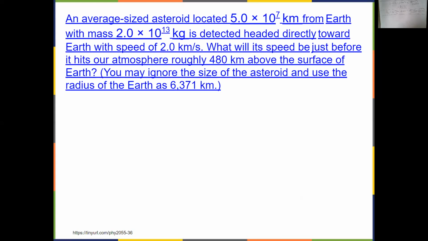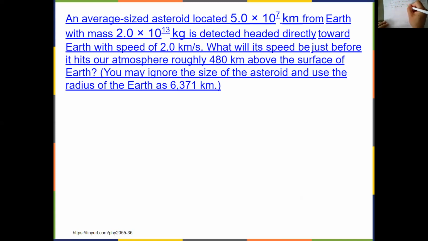So what will its speed be just before it hits our atmosphere, roughly 480 kilometers above the surface of the Earth? You can ignore the size of the asteroid and use the radius of the Earth as 6,371 kilometers. I believe you also need the mass of the Earth, capital M, roughly 5.98 times 10 to the 24 kilograms.